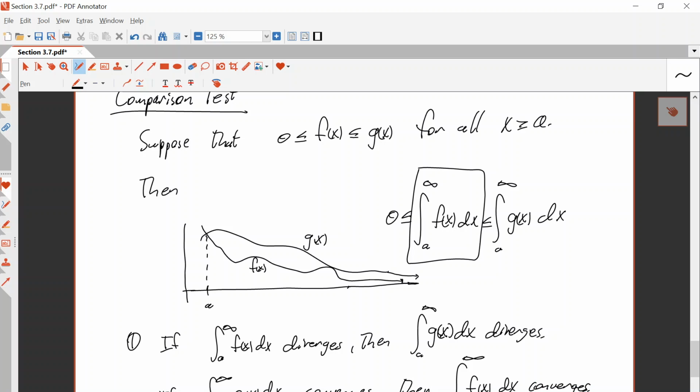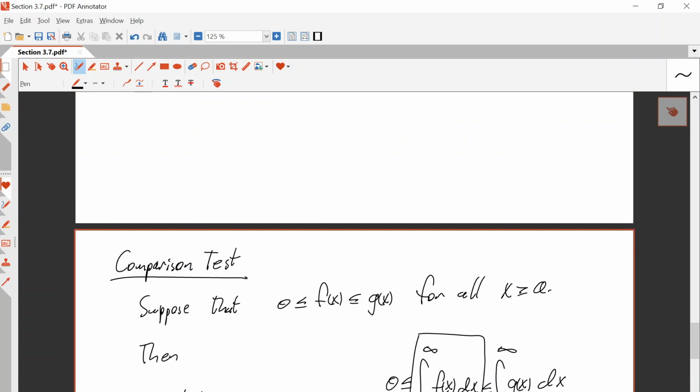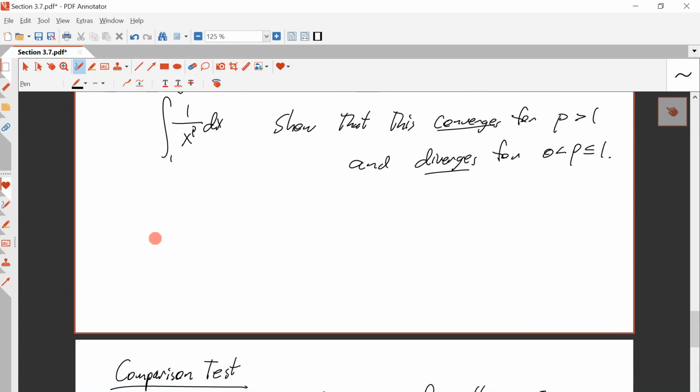So if the area under g is finite, then the area under f, which is positive, must be finite as well. Comparison tests are nice for trying to tell if some improper integrals converge or diverge. Just converge or diverge. You're not actually trying to calculate them. You just want to determine convergence or non-convergence.